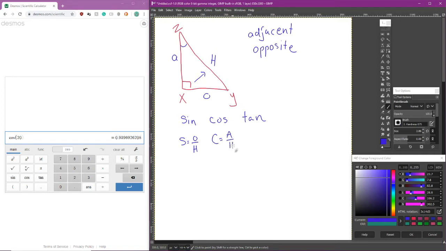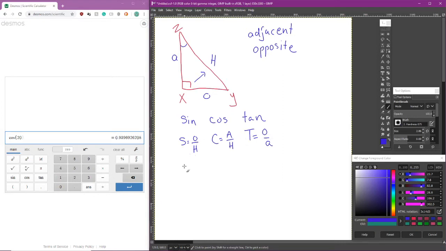C equals A over H. And T equals O over A. Tangent equals opposite over adjacent. It sounds a little weird, but SOHCAHTOA is the way to remember this.